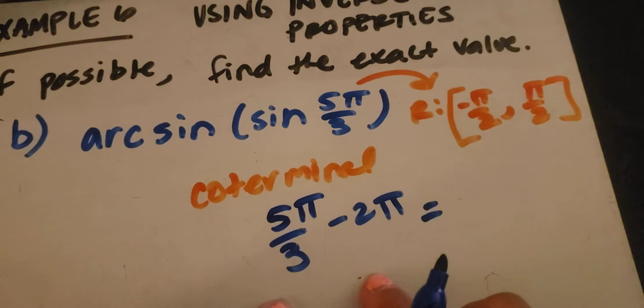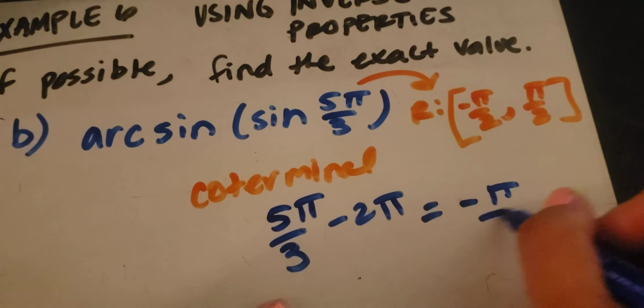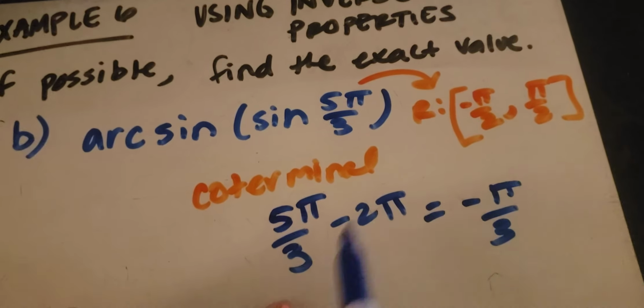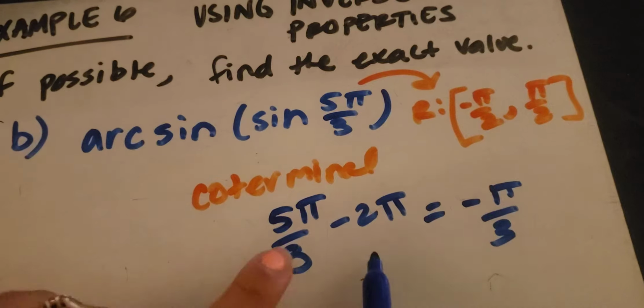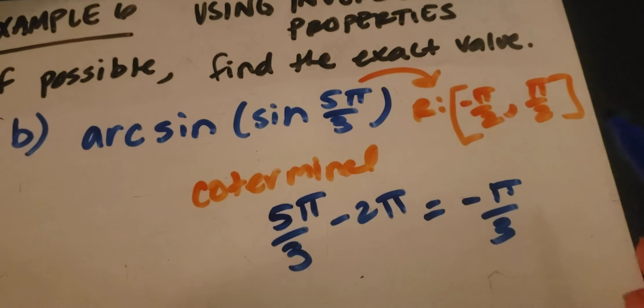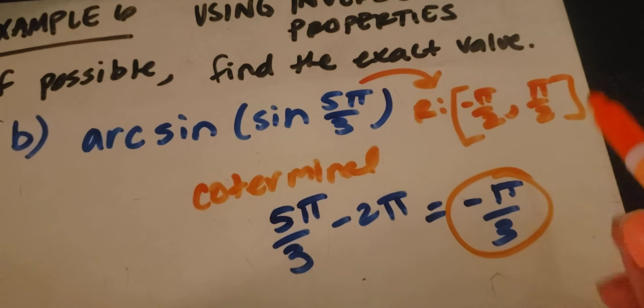By now we should be a little bit faster at finding this. So we should get negative pi over 3. Again, I kind of just did mental math because by now we should be quicker. Common denominator, multiply, and then subtract. So our coterminal angle of 5 pi over 3 is negative pi over 3.